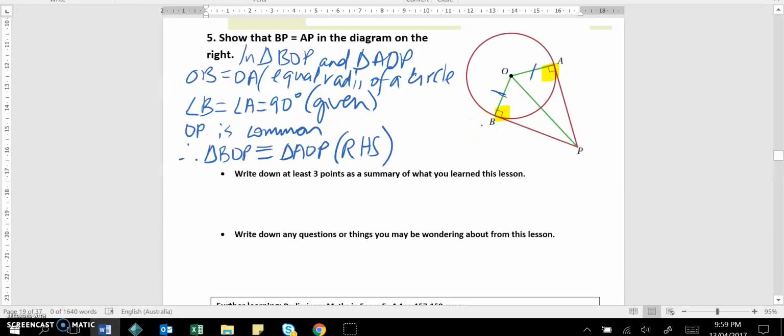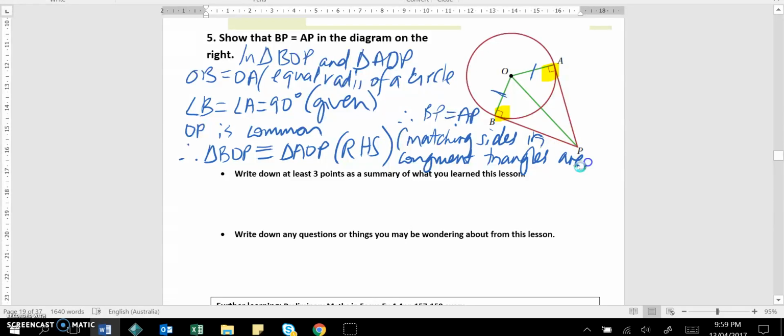Now, since that is the case, I can say, therefore, BP is equal to AP, and my reason is classic: matching sides in congruent triangles are equal. Okay, so that's what you should have had. So write that down if you didn't get it.